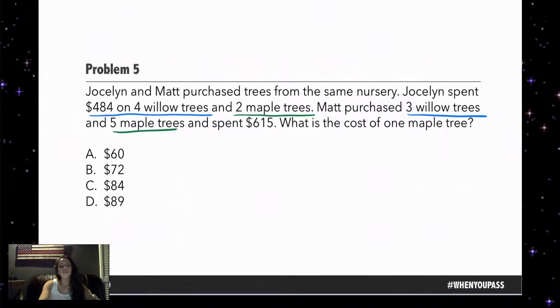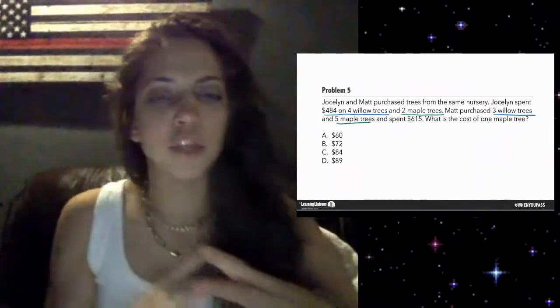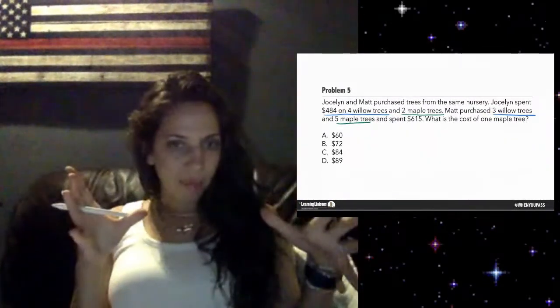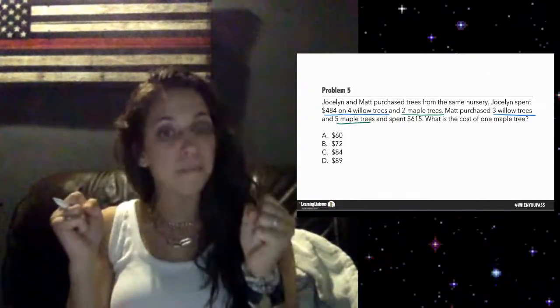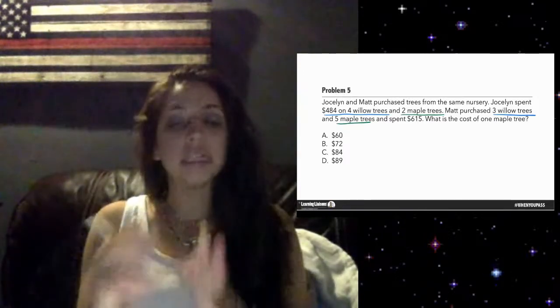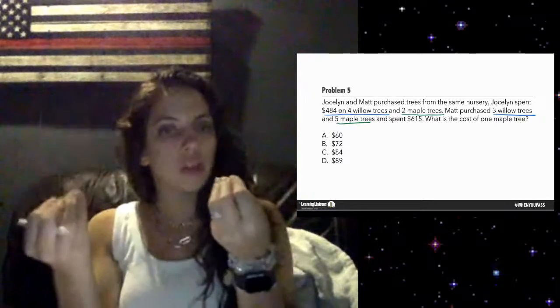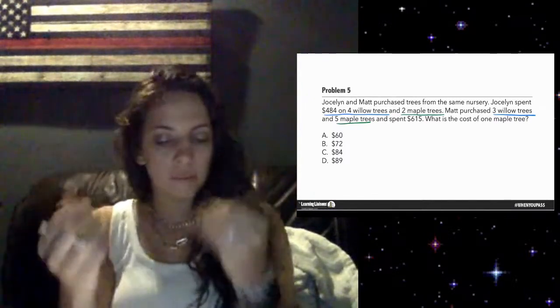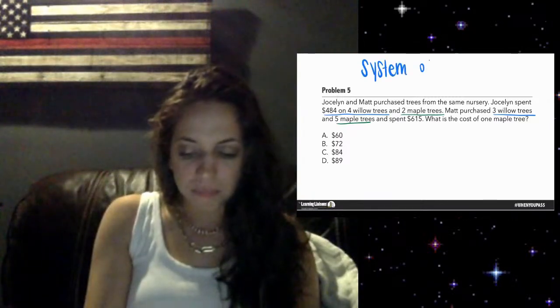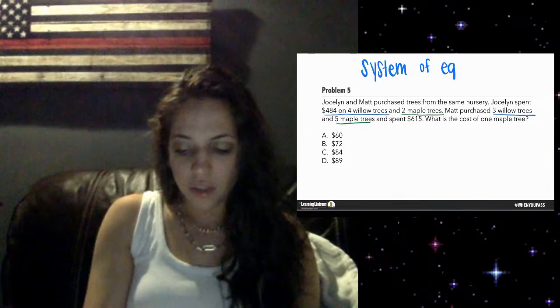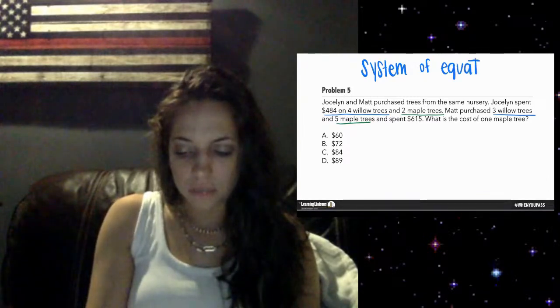So if you have been with me for any amount of time, you know that if we're solving a problem that has more than 1 missing number, we're probably dealing with a system of equations. If we are dealing with a problem that has more than 1 variable or more than 1 missing number, we are probably looking at a system of equations.